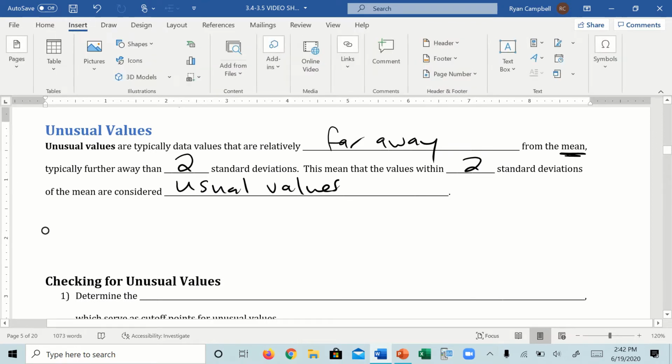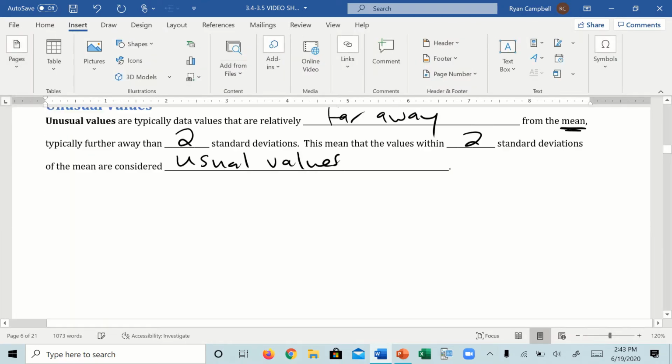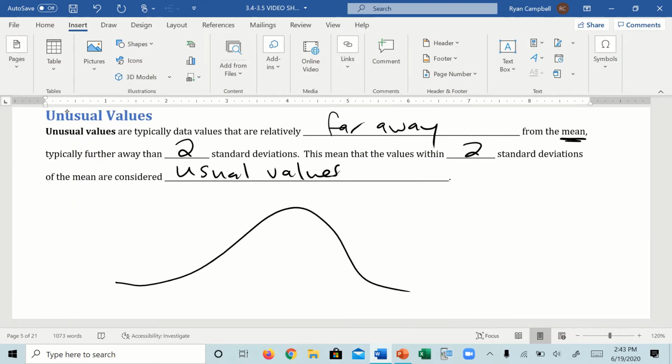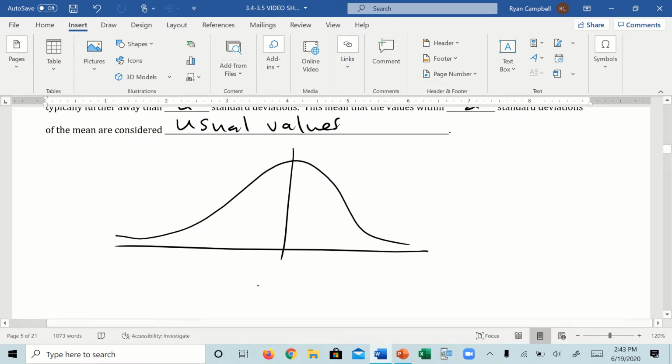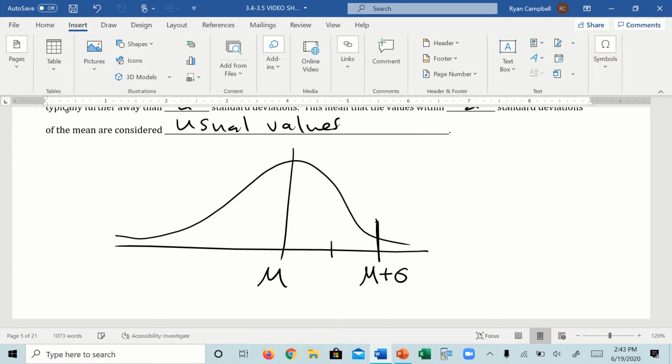So let's look at this. If we have our mean inside, on a normal distribution, and we are 2 standard deviations away in either direction, let's think about that empirical rule.